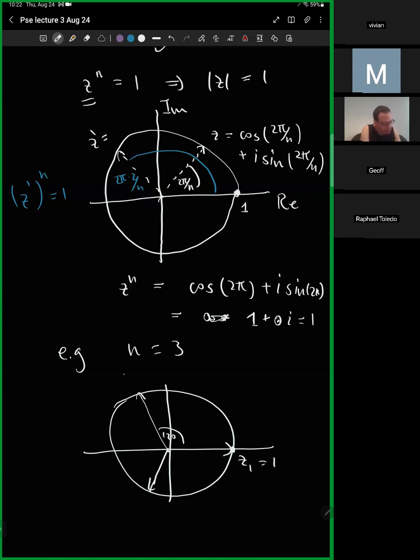Z2 corresponds to theta equal to 120 degrees, and Z3 is going to correspond to 240 degrees.